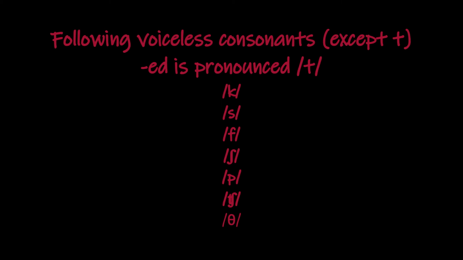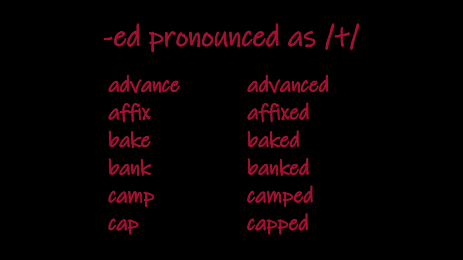So what we've got in this video is a fairly long collection of example words which will really give you plenty of practice at pronouncing this particular ed ending. So let's have a look at some together. What we'll do is I will say both words and then leave a gap for you to repeat them. The list of words on the left are the verbs in their basic form, and the words on the right are the verb in its past tense form.